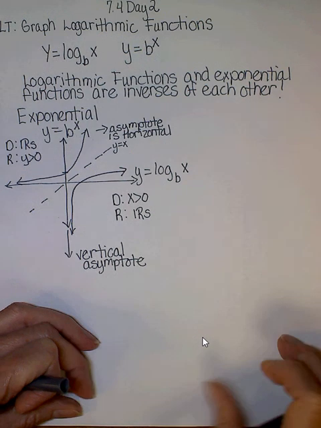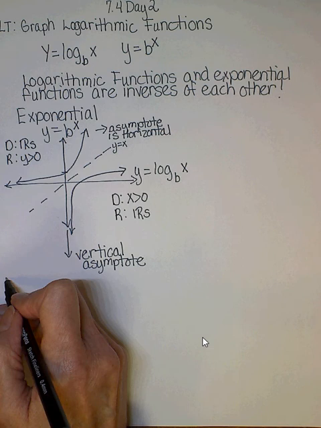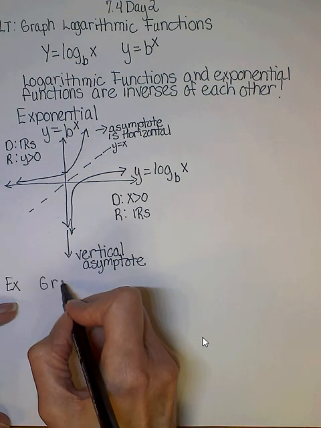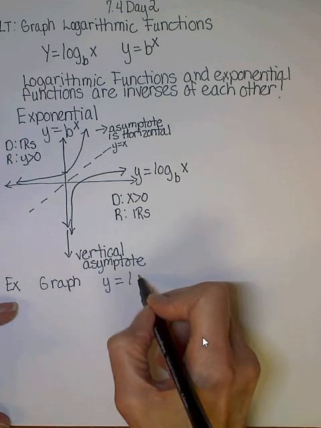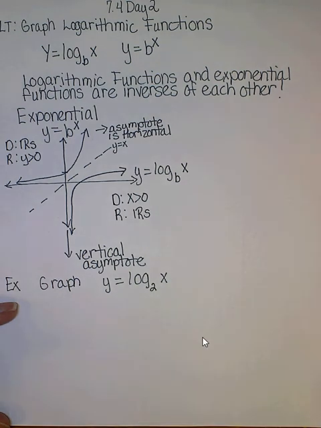Okay, so let's try another graph and see if we can get the hang of this. We want to graph the logarithm equation y equals log base 2 of x.